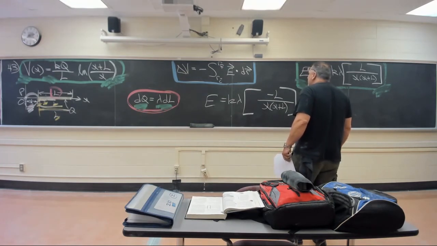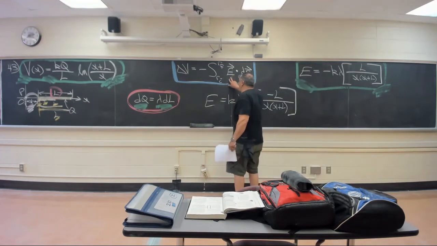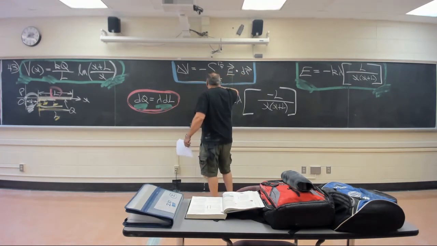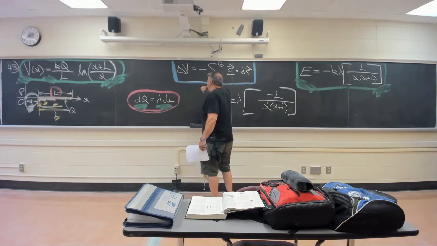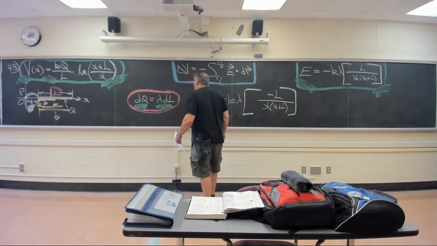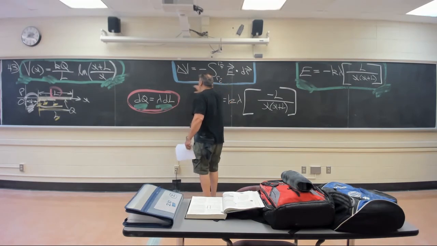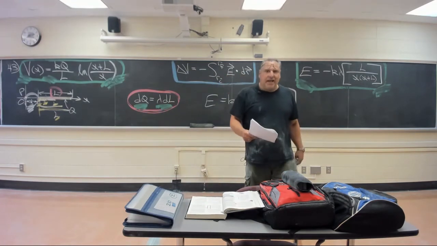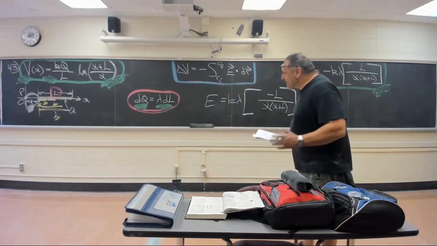If you take the derivative here with respect to R, and the derivative here with respect to R, you get negative E vector equals negative dV dr. You got negative E vector equals dV dr, multiply by negative 1 on each side, E vector equals negative dV dr. That's kind of the argument.